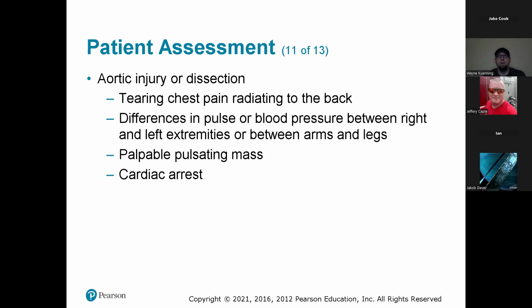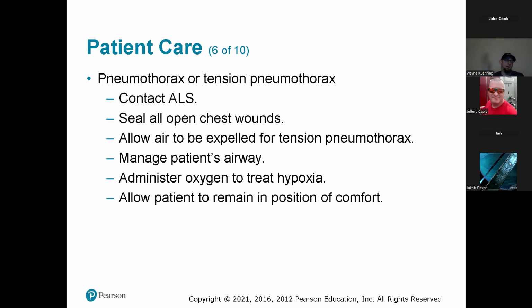An abdominal aortic aneurysm is going to have different pressures and different pulse pressures between the arms and the legs. An abdominal aortic aneurysm or dissection will have a palpable pulsating mass in the abdomen and typically leads to cardiac arrest because they run out of blood.